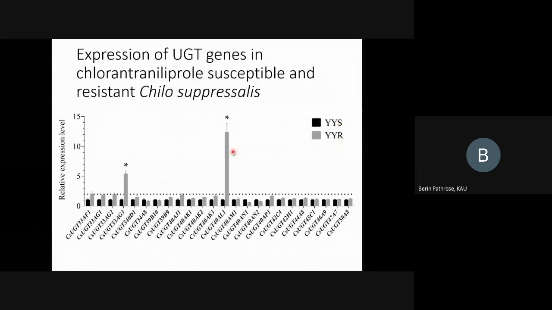See the expression level of this particular gene in the resistant one. Extremely high level of expression of the gene. That means extremely high level of UGT enzyme, again contributing to insecticide resistance.